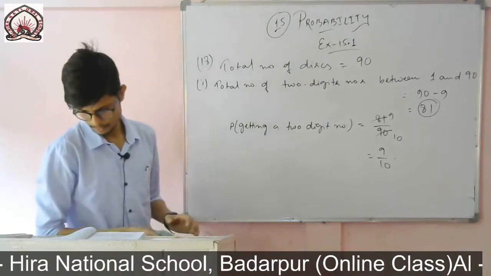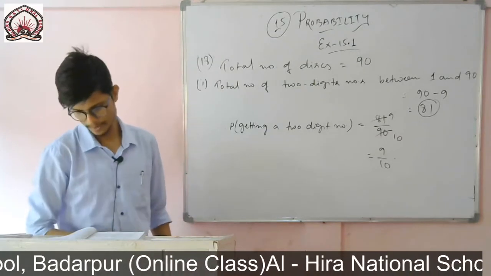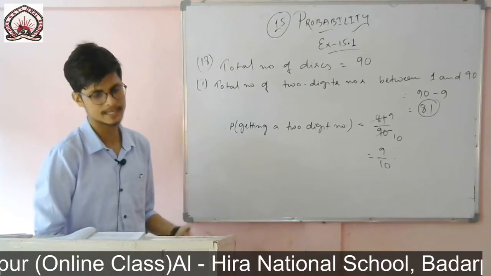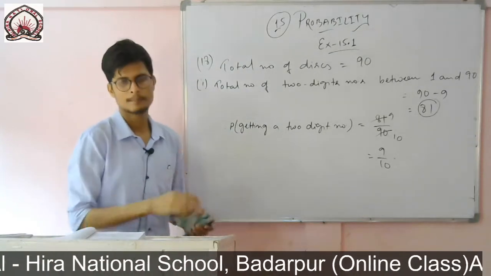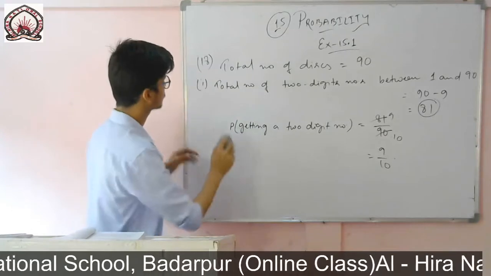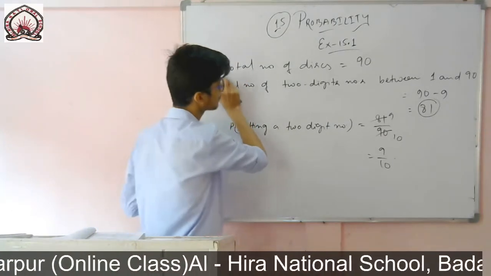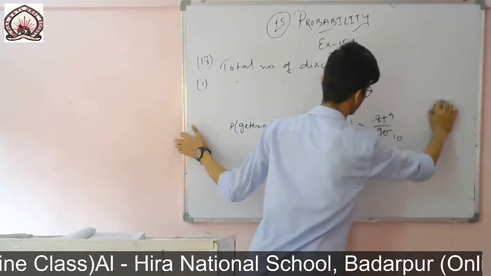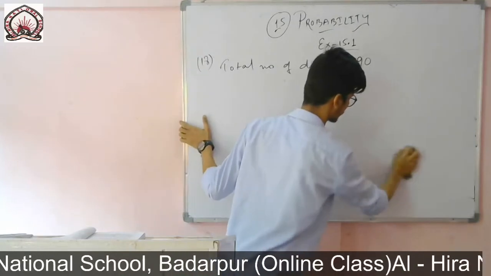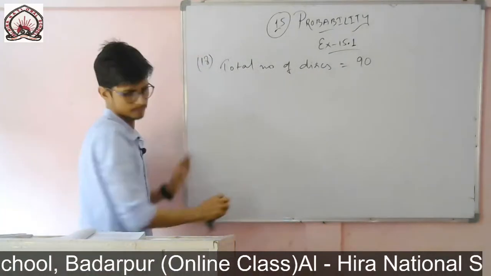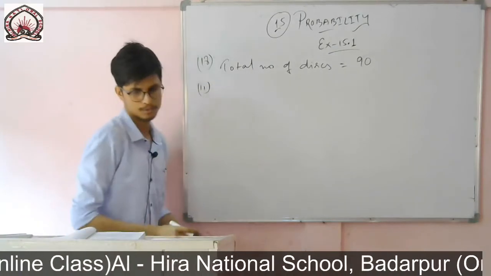So, now you see Roman number 2. Question is to find a perfect square number. That means the probability of getting a perfect square number. So, first of all, we will find all the perfect square numbers between 1 and 90. Roman number 2, you see.